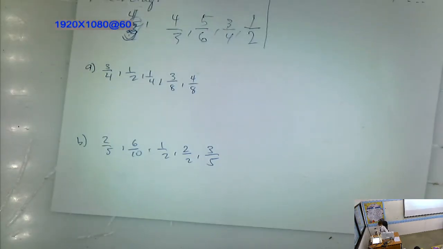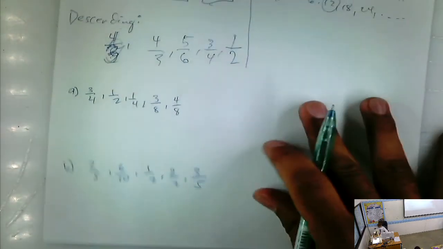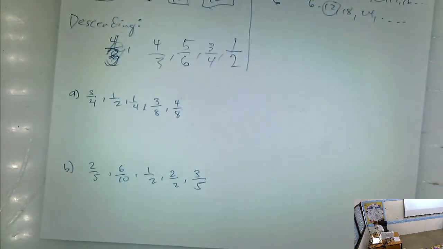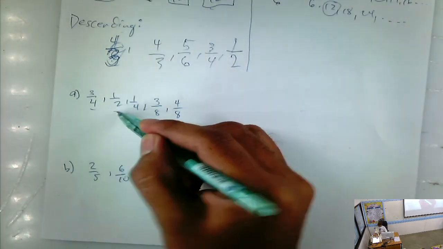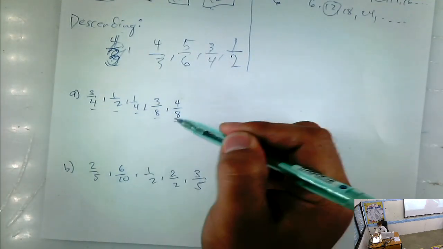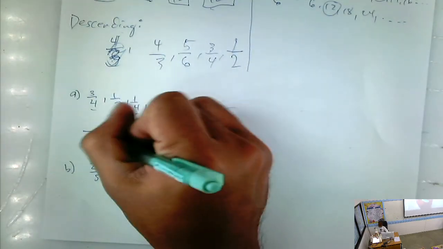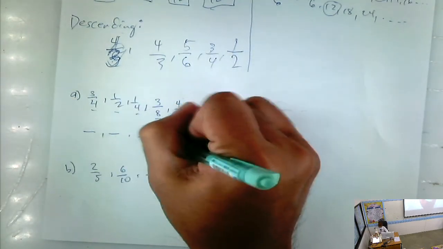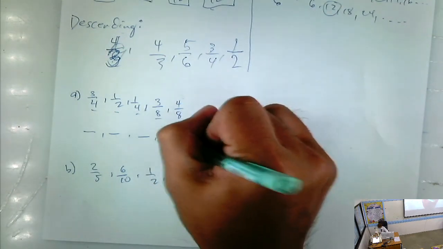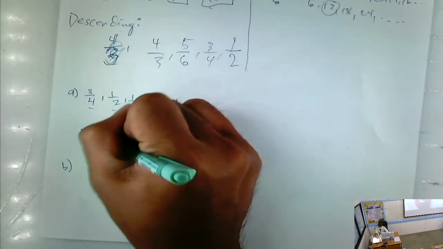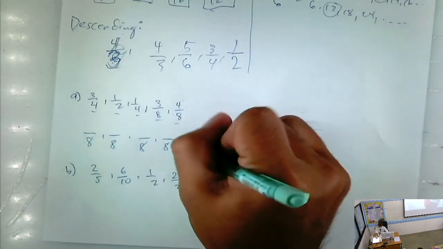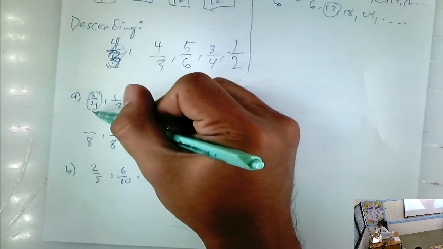Okay, now. So what's the LCD of number 1? We have the denominators 4, 2, 4, 8, and 8. What's the LCD? 8. So meaning, we're going to make the denominators 8. So what is 3 over 4?